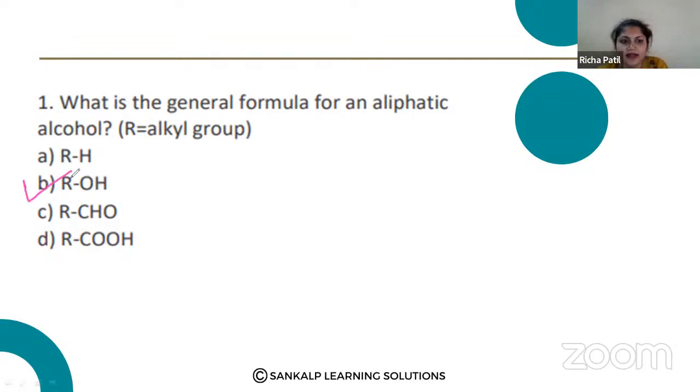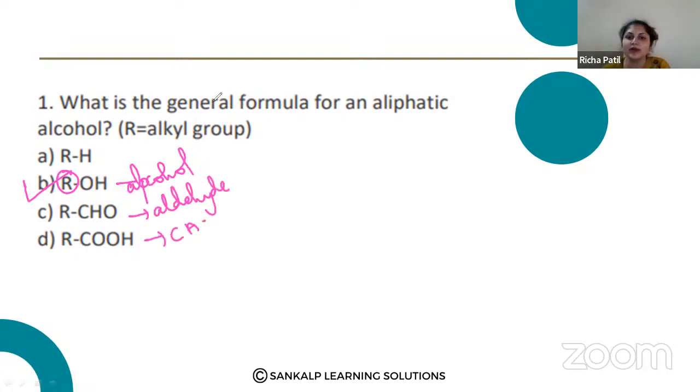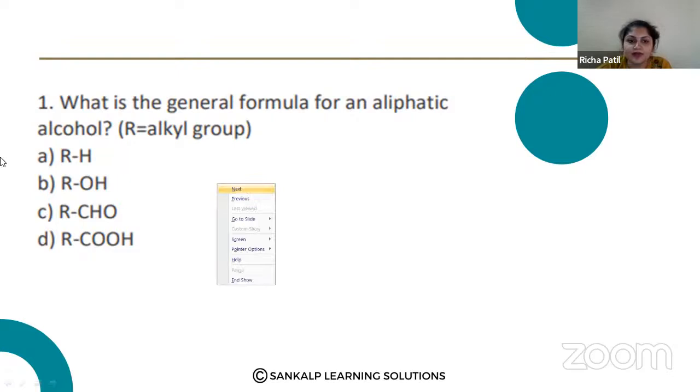It is B. This is your alcohol, right? R is alcohol, so aliphatic alcohol. Then this is for aldehyde, and this is carboxylic acid. So it is B. RH is your hydrocarbons.